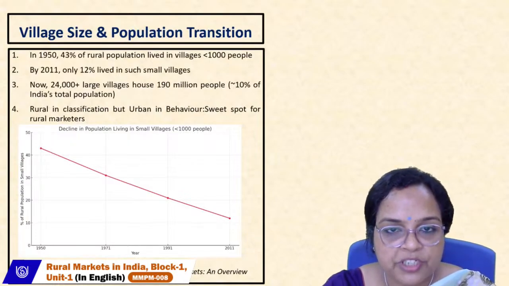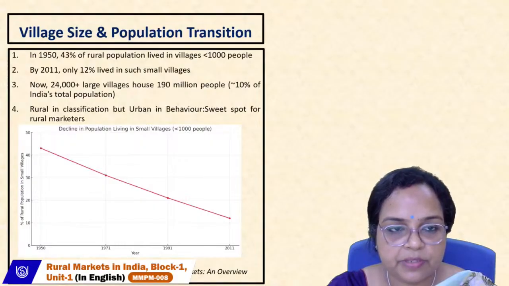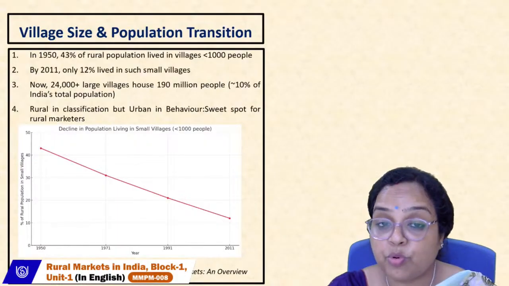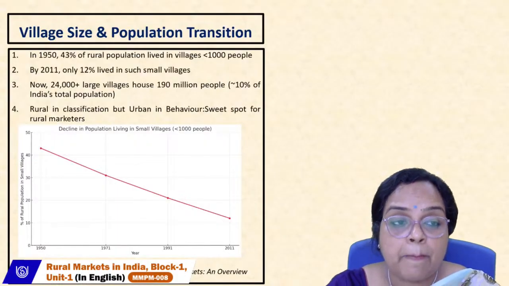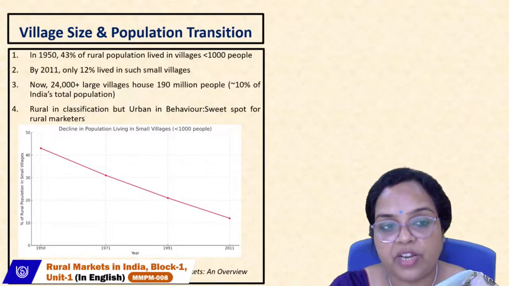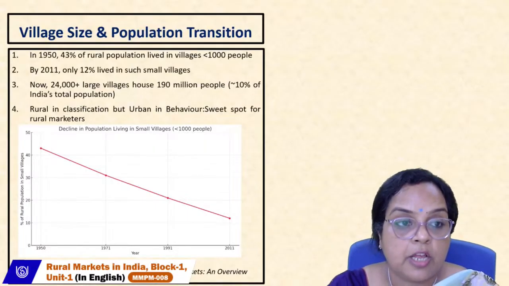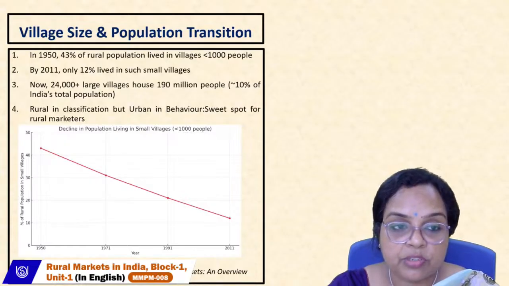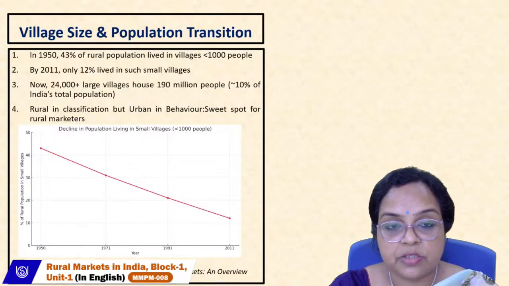Village size and population transition. If you go back to 1950, 43% of the rural population lived in villages having fewer than 1,000 people. By 2011, only 12% lived in such small villages. There is a change. Now we have 24,000 plus large villages having 190 million people.